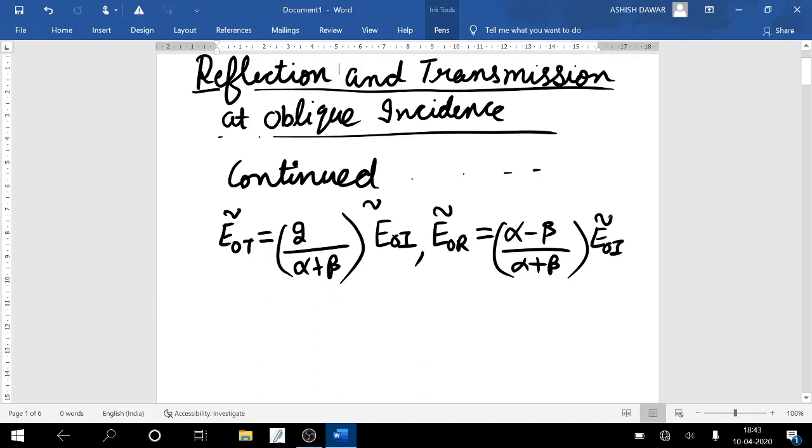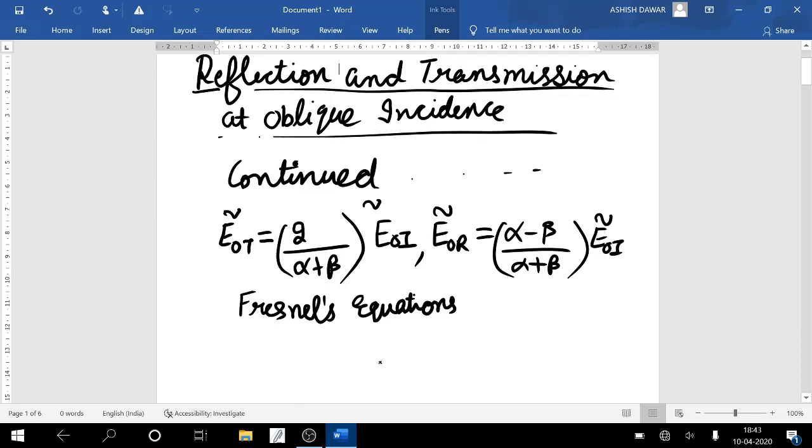So these are known as Fresnel's equations. These are Fresnel equations for the case of polarization in the plane of incidence. The transmitted wave is always in phase with the incident one, and the reflected wave is either in phase or out of phase.